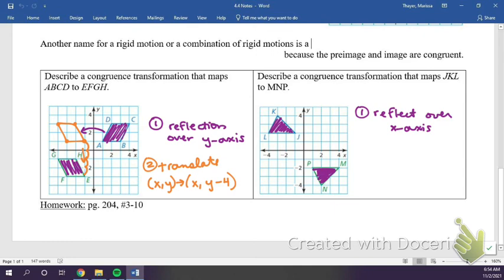If I were to reflect over the x-axis, that's 2 away, 2 away, I would have points here, which looks very similar to what we have, but now we've got to move it to the right. So my second transformation is going to be to translate. To go right, I'll have x plus a certain amount. Let's see, 1, 2, 3, 4, 5. But it doesn't move up or down at all, so I leave y the same.